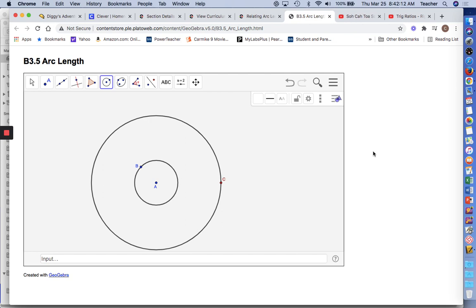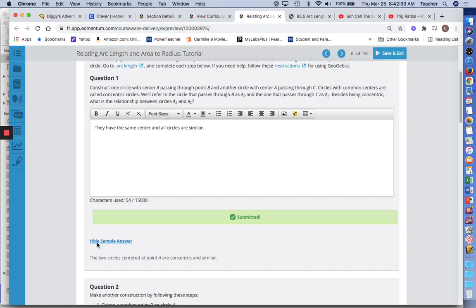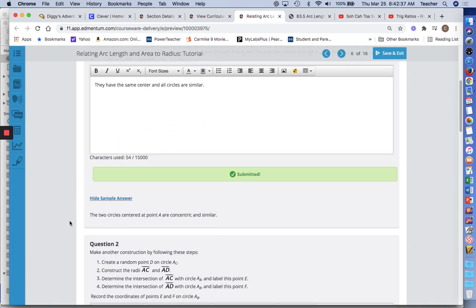So they have the same center, and all circles are similar. That's all I can come up with for now. Let's see what they say. Okay, they got the same thing I got.